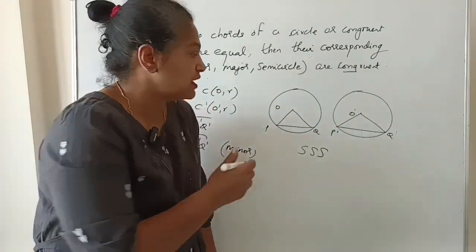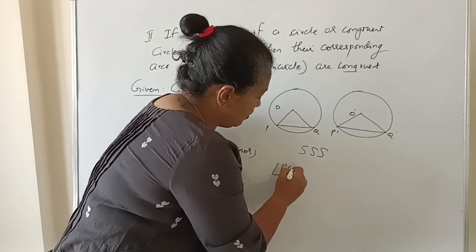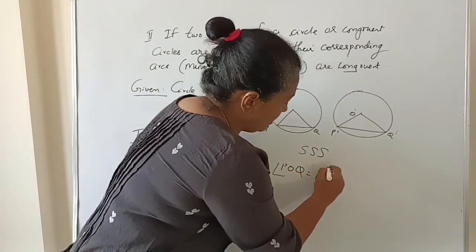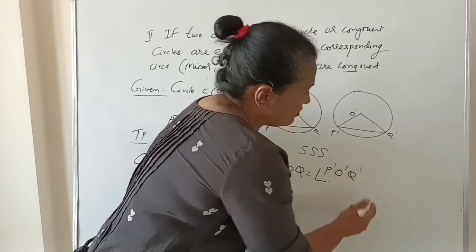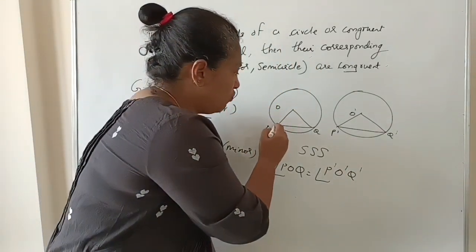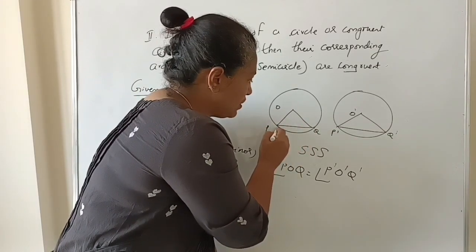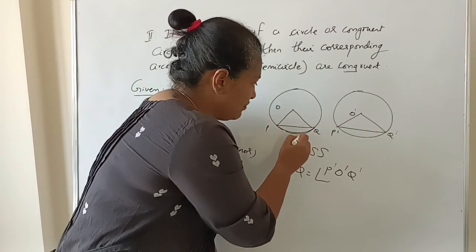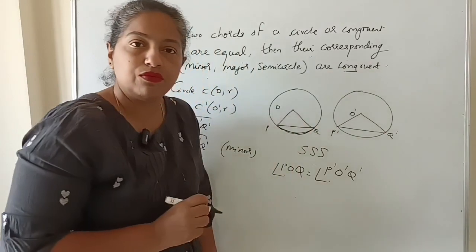Now, both the triangles are congruent. I can also say that angles are equal. So, I can say angle POQ is equal to angle P dash O dash Q dash, which is the corresponding parts of congruent triangles. Now, what is angle POQ? Angle POQ is the measure of the angle which is made by this arc PQ.